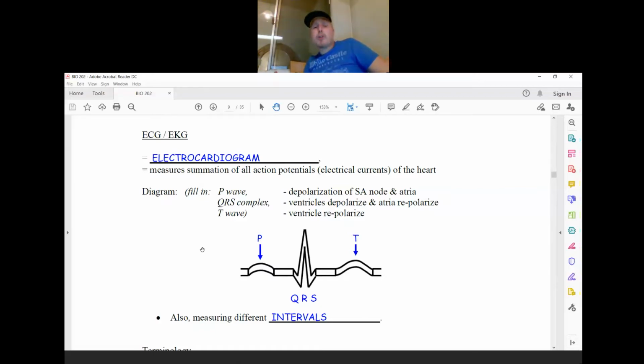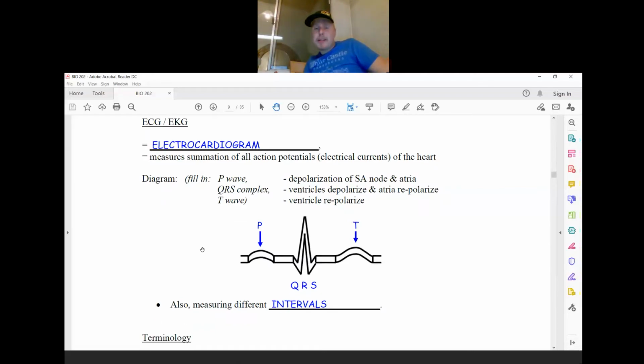The QRS complex shows us that the ventricles are now depolarizing and the atria repolarizing. So seeing this trace tells us about these events that are taking place within the heart. And finally, after a little delay, we have the last bump, which is typically slightly bigger and slightly longer than our P wave. This is our T wave. The T wave shows when the ventricles are repolarizing.